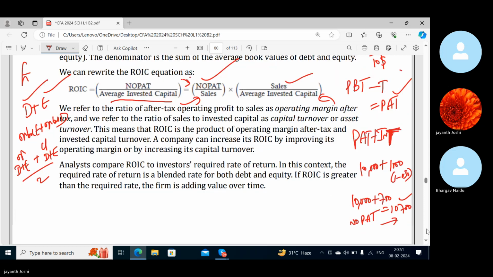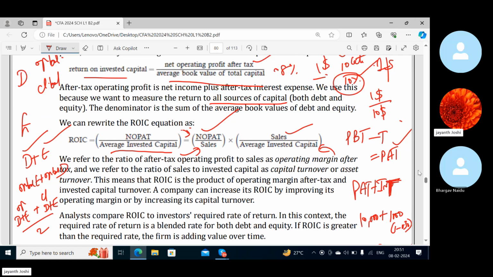That means if I have capital, I will invest this money and buy certain assets for my company like plant, machinery, land, building, etc. I will be using those assets and I will be generating revenue. That is what it is here: sales by average invested capital.